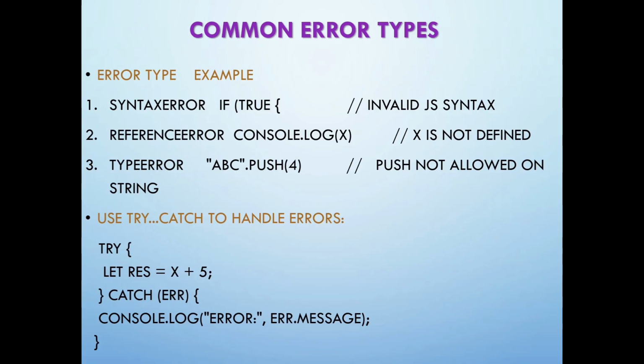First I am taking one simple example using errors like syntax error, reference error and type error, and also I am using try catch to handle errors. Next we will move on to the execution part, then I will clarify one by one.